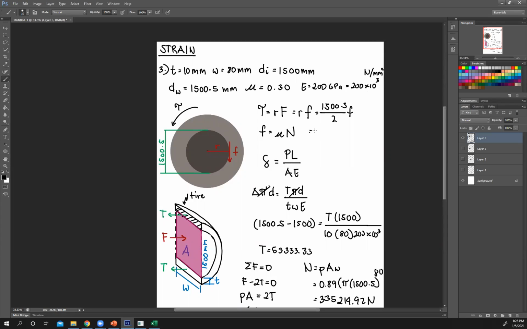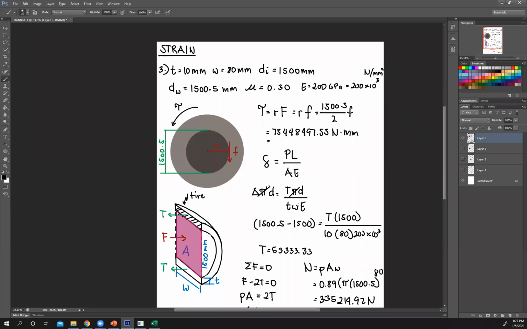So final answer, torque is equal to, it's a very long number. 75,448.497.55 Newton meter and Newton millimeter. Torque has a unit of Newton meter or Newton millimeter.